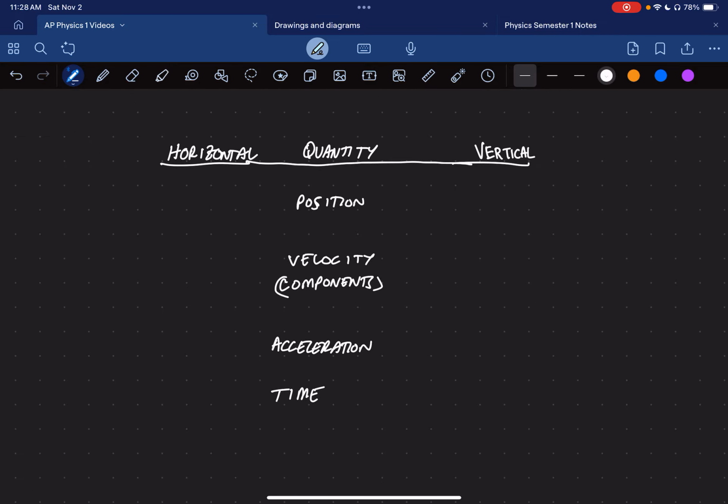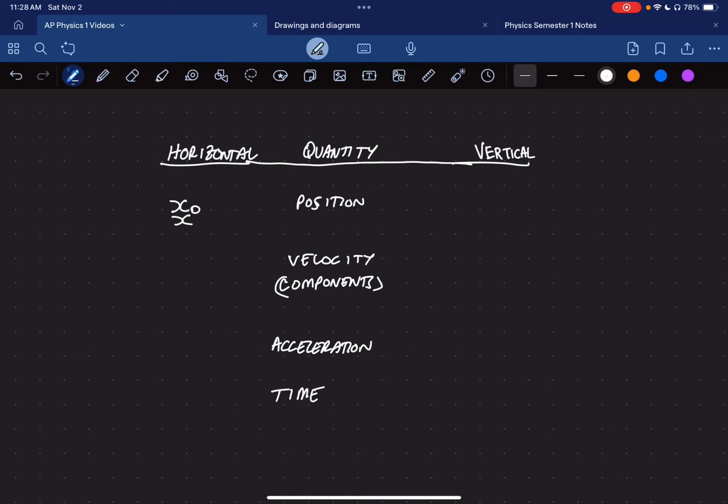So for projectiles, we have to modify our variables, as well as the equations that we use. For position horizontally, we've used x naught and x for the initial position and the position later in time.